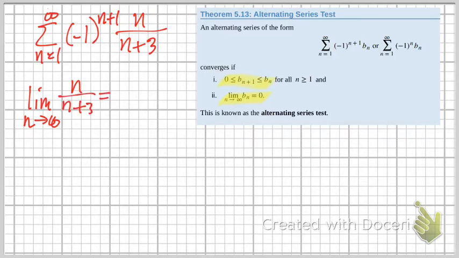And what I see here is infinity over infinity, so this is L'Hopital's rule. So that tells me I can take the derivative of the top over the derivative of the bottom. So that's going to give me 1 over 1, which equals 1, as the limit. So there it is. So that is not 0, which the second condition implies I have to have a 0 there. So therefore, I can't use the alternating series test for this.